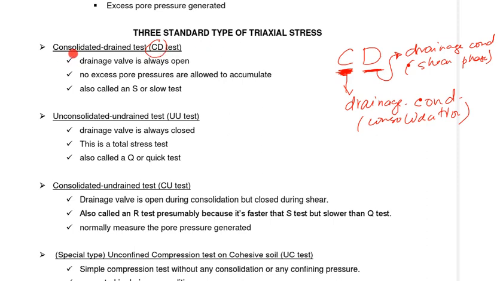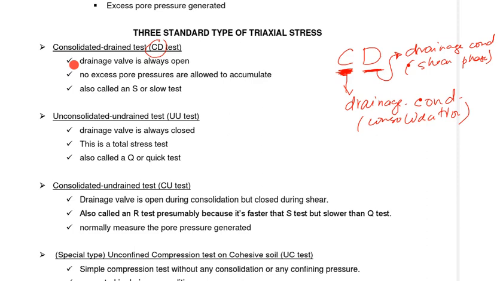Yung una, yung tinatawag nating consolidated drain test. So, we use CD as our symbol. So, the CD test is a consolidated drain test. So, in this test, yung drainage natin is always open. So, yung drainage natin, pag sinabi natin consolidated drain test, is always open.